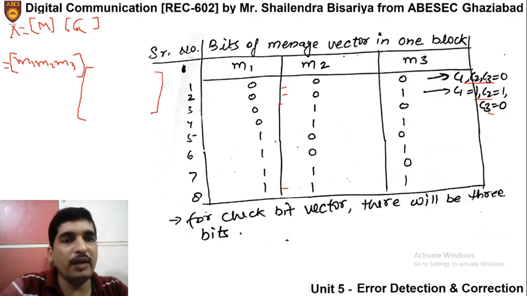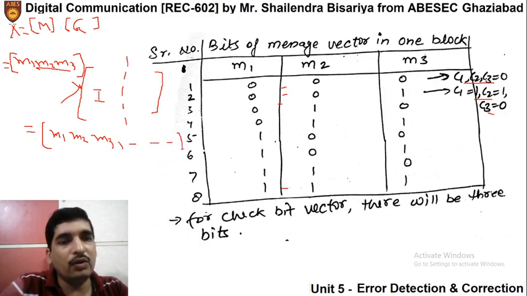G has two parts. The initial half portion, for 3, is the identity matrix. So when we multiply this message with the identity matrix, the initial 3 terms will be the same as M1, M2 and M3. Then the next 3 terms should give me the values of C1, C2 and C3.